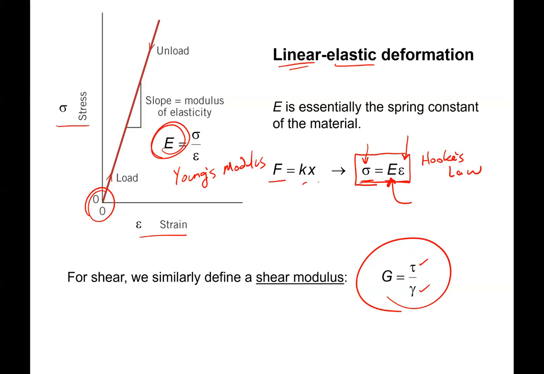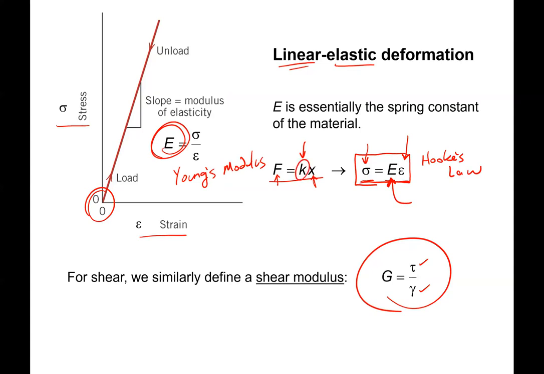If we left it as a force equal to K times, instead of strain, now just a displacement of our sample, we would have what we're used to from physics for a spring, where K would be the spring stiffness. But if I was to increase the area of my sample, then in order to get the same displacement x, I would need to increase the force.